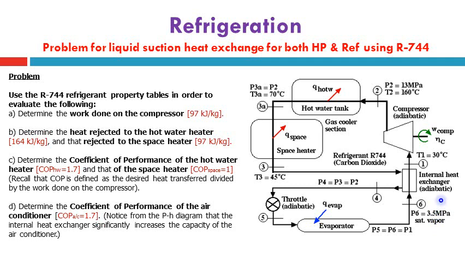Since the internal heat exchanger is adiabatic to the outside and also does not affect the pressure, the pressure of state 1 is equal to state 6, and also the pressure of state 3 is equal to state 4 and equal to state 2 at this high pressure side.